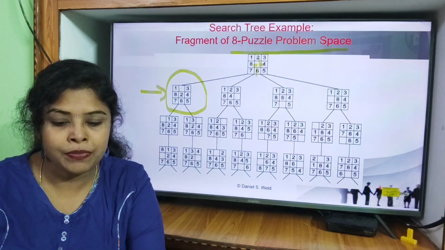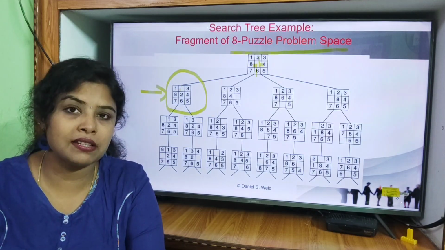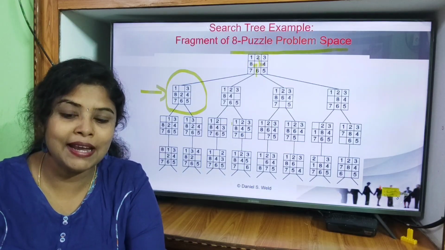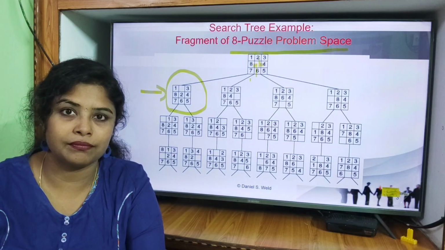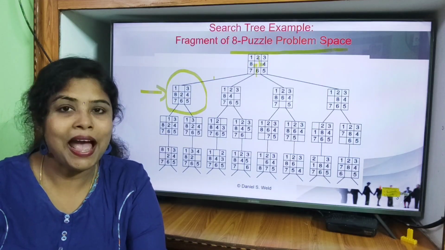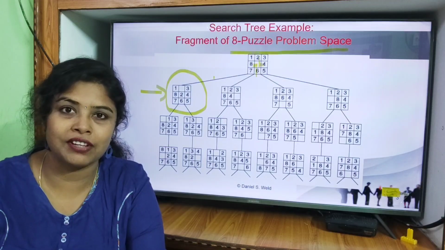Here, if we see, 1 moving right and 3 moving left are the best choices. So there are many more combinations possible in terms of the traversal. Our search algorithms will follow a particular strategy and traverse through the search space to find the solution effectively.